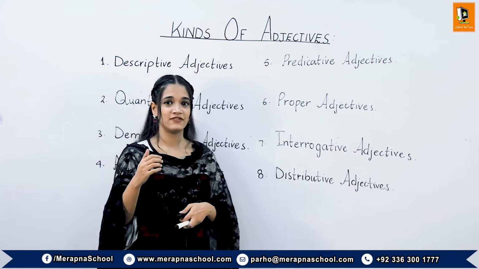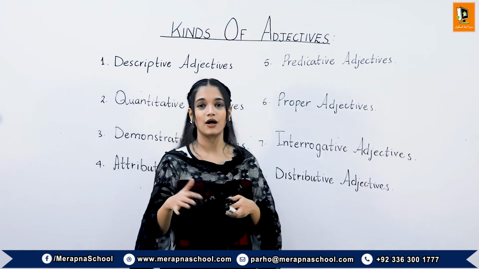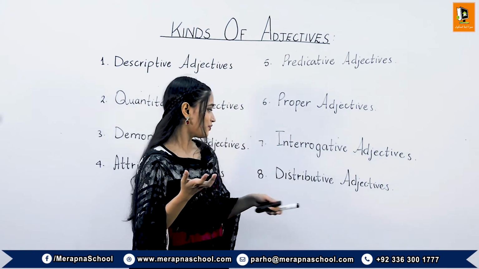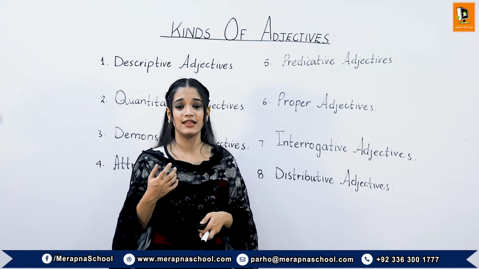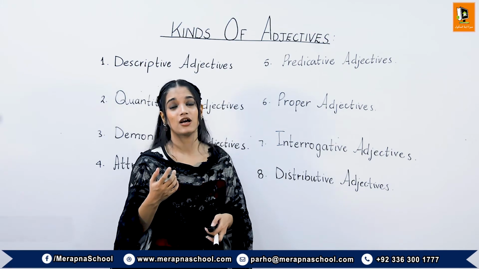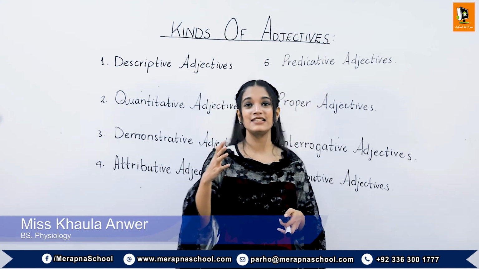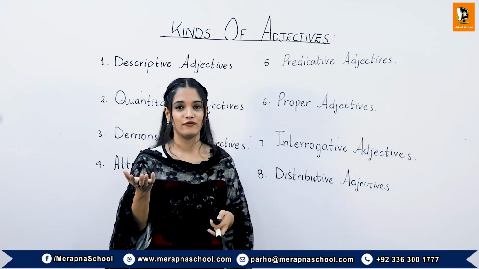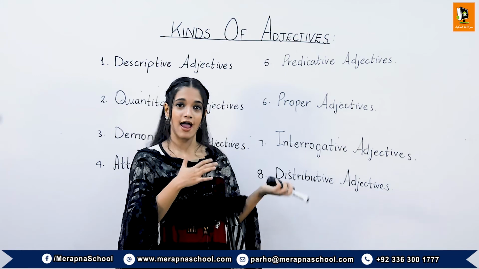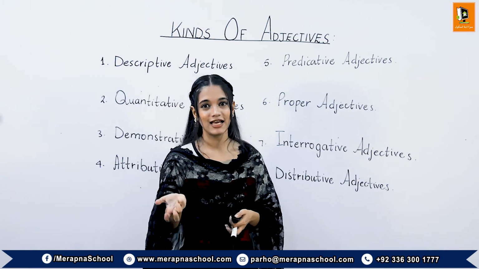The interrogative adjectives induce a question in the sentence. Distributive adjectives mention each member of a group. They identify each member of a group. For example, each, every, either, neither.